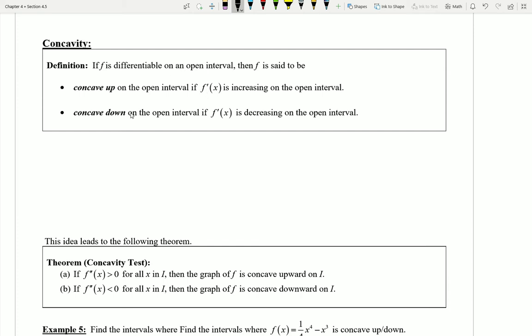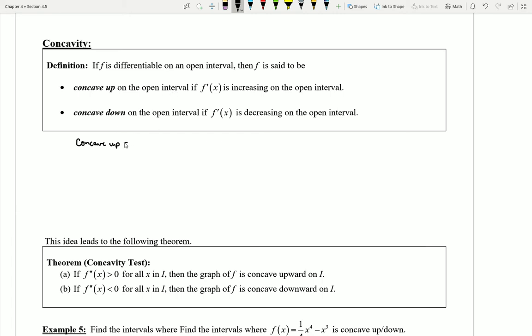Concave down, my graph would be concave down if on an open interval my derivative is decreasing. That is, the slopes of my tangent lines keep getting smaller. Okay, this is really, really weird to try to imagine, but let's go ahead and try to start with at least figuring out what a picture with an increasing first derivative would look like.